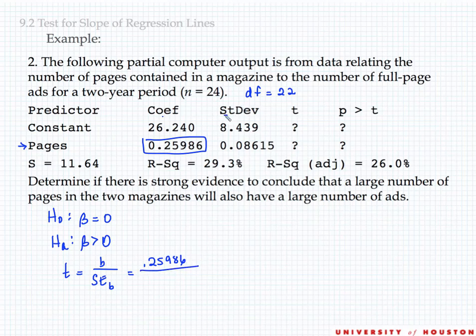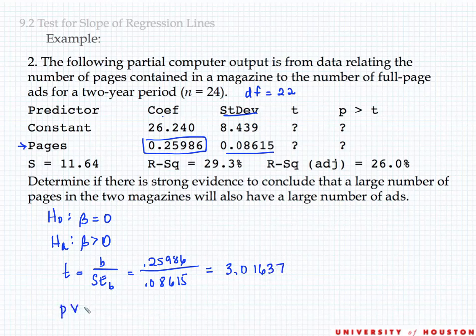The standard error of the slope is the standard deviation in that same row. And this gives me a test statistic of 3.01637.